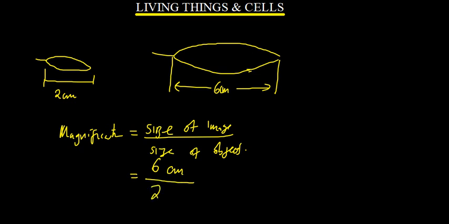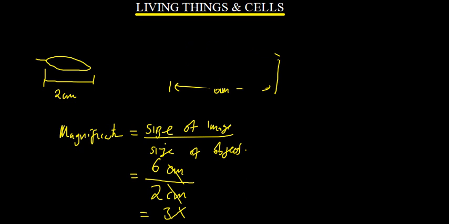So this is 2 centimeters. You can see the centimeters will cancel out. So 6 divided by 2 is going to give us 3. Put a times. You can either put it in front or behind. So meaning that the object has been magnified, or made to appear bigger, 3 times. Okay. Is that okay? Does that make sense?